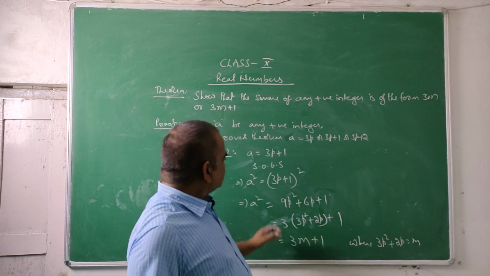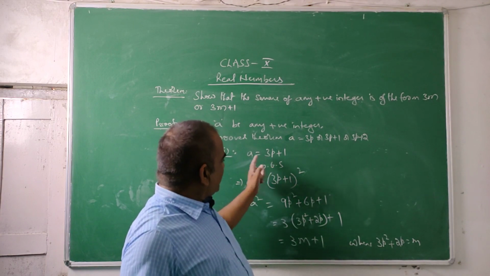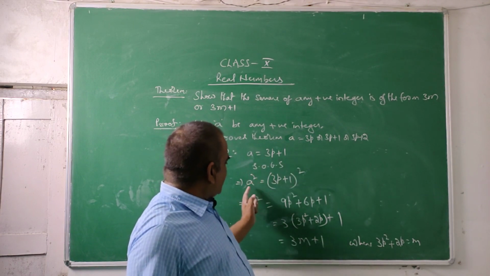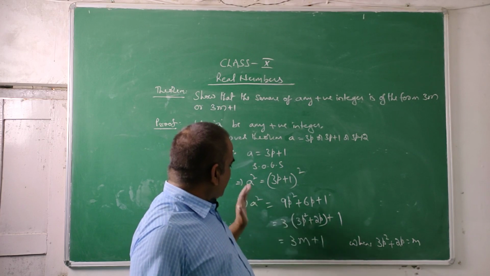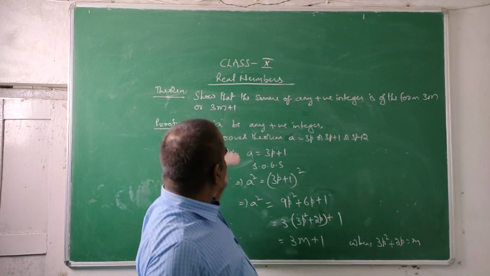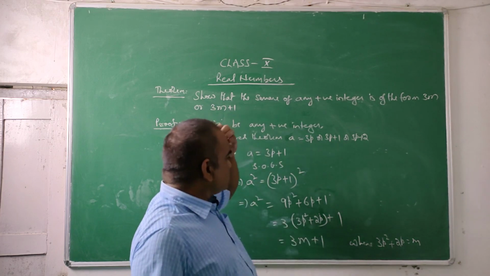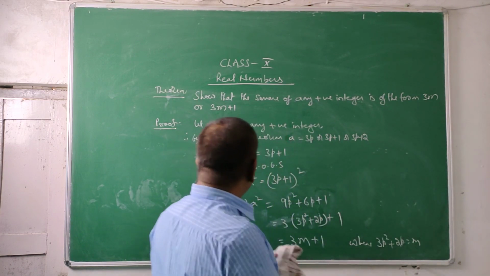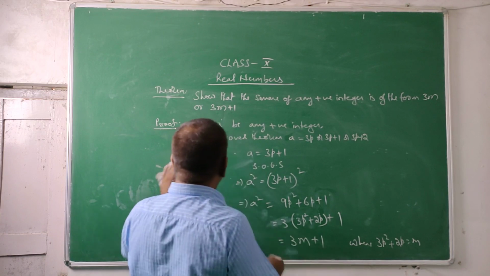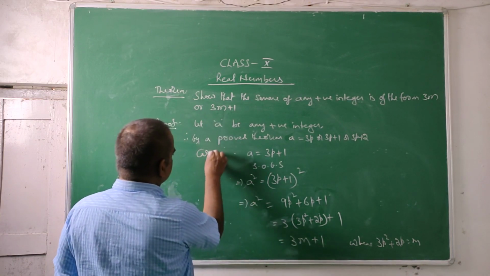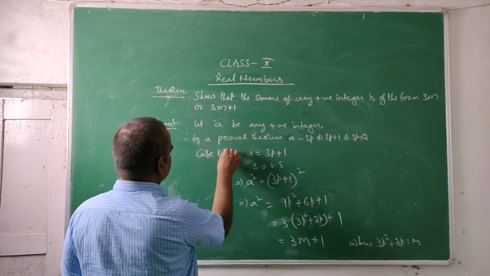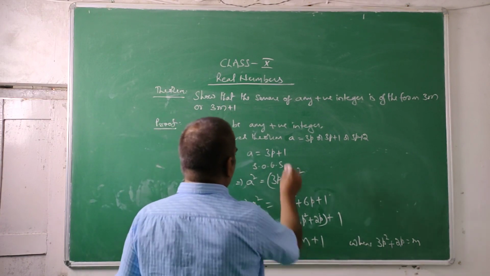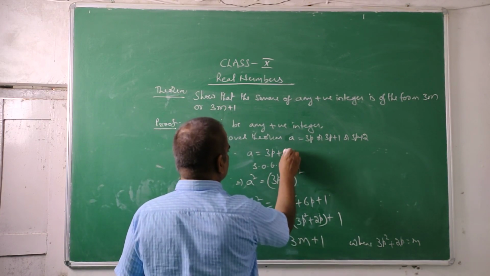Understood? So even in the case of 3p plus 1, we have seen the square is in the form of 3m plus 1. So now at last we will see the case of 3p plus 2, as it is case 3. So a is equal to 3p plus 2.